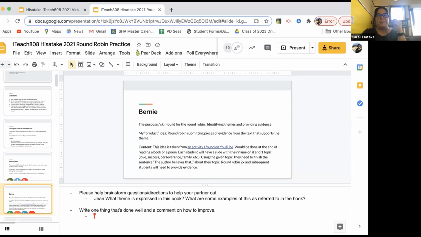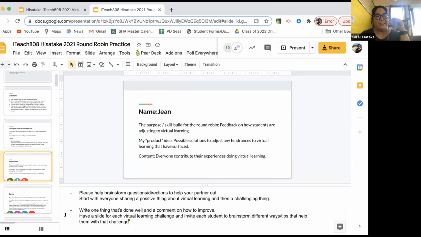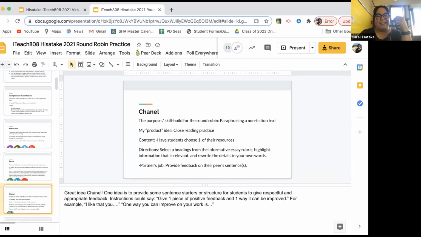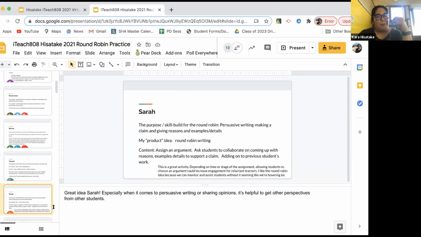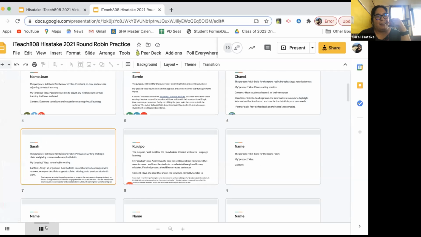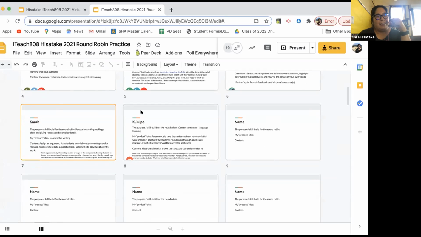But the great thing about it being digital is that even if you have a lot of stuff to say, or if it goes off the slide, you can still see it too. And if you use this view a lot, I think it changes so you can only see the slides themselves.